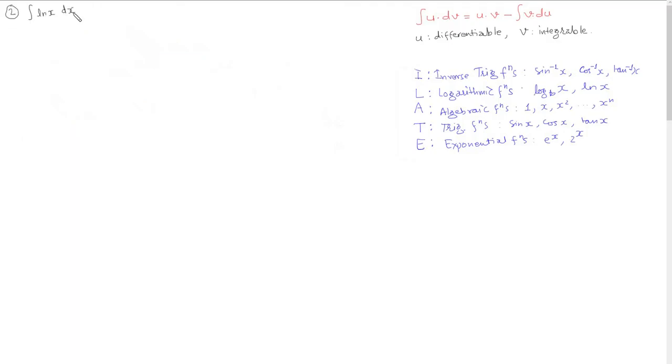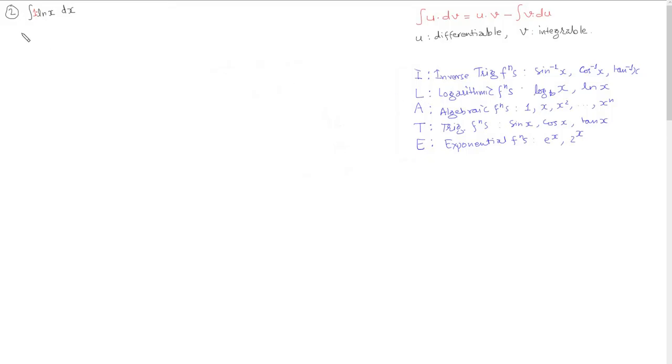Second example is integration of ln of x dx. You may not see that there is a product of two functions, but we know that if there is nothing, then we can think of this as 1 times ln of x dx. You can see that this 1 is clearly an algebraic function, a constant, and ln of x is a logarithmic function.